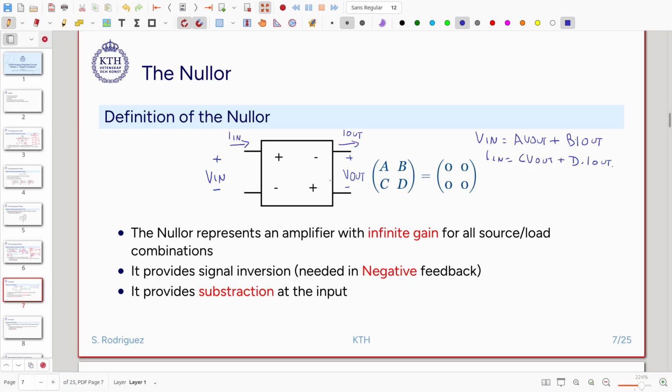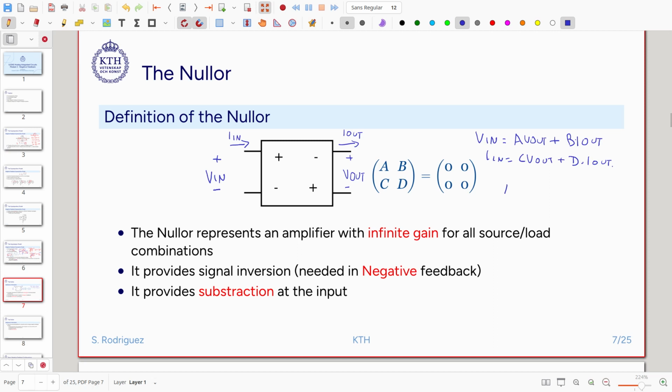In an ideal amplifier, all the ABCD parameters are equal to 0. Remember that the gains are 1 over the ABCD parameters.